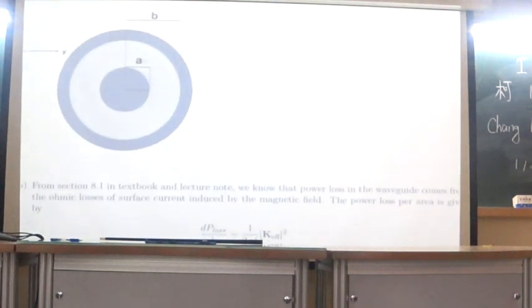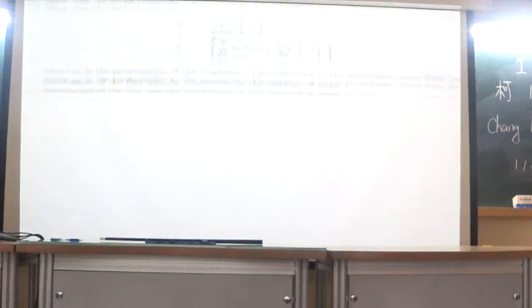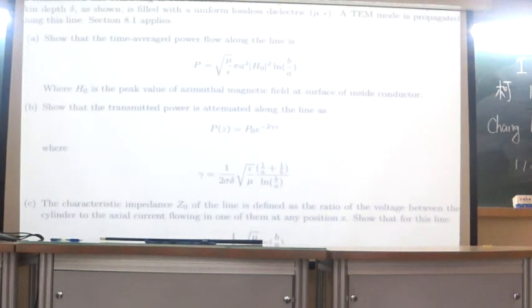The dark one is the conductor, and the light one is the dielectric medium. If you have any question or don't understand, just raise your hand and make some noise.